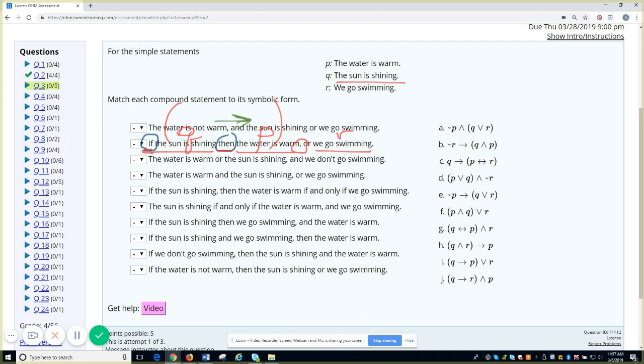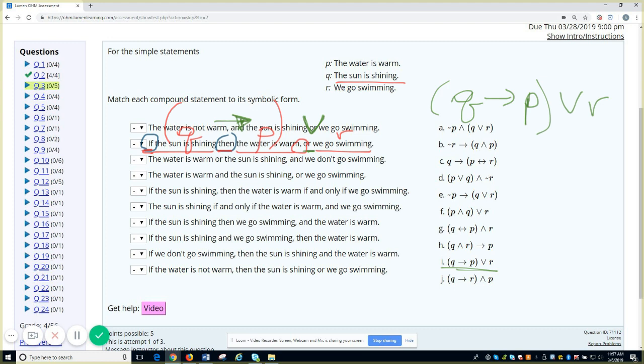So if Q, then P. And the last thing I need to include is that the R is linked to all this using the or connective. So the final answer would be if Q, then P, close parenthesis, or R. And that is I.